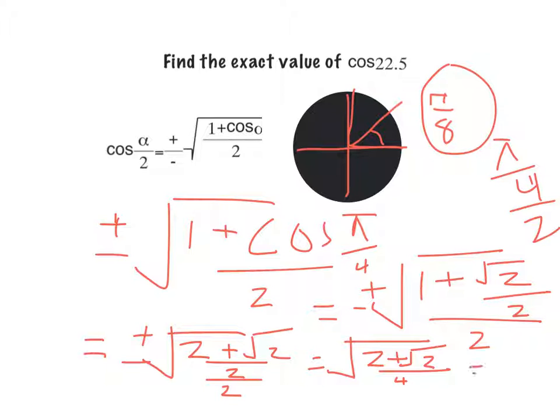The final answer will be plus or minus the square root of 2 plus square root of 2, over 2. This is our final answer.